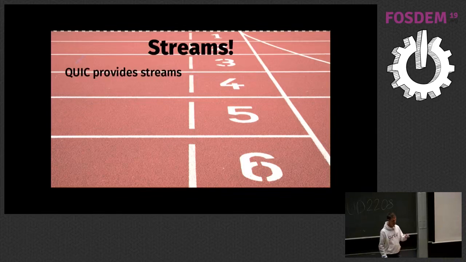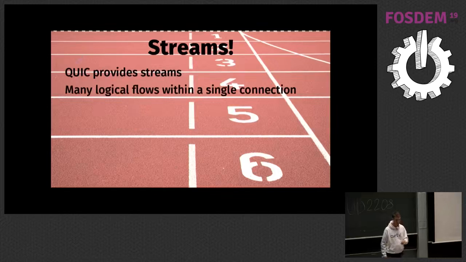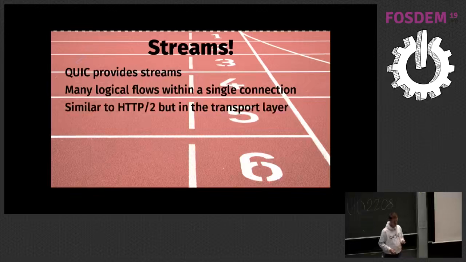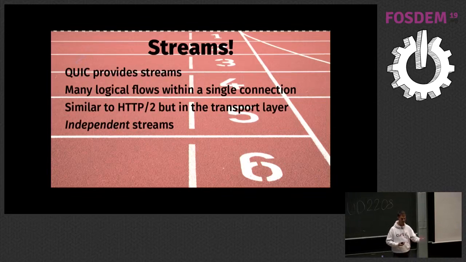So QUIC provides the streams in the transport protocol, which then is similar to HTTP2. You can do many parallel streams within one connection. And in the QUIC case, they are independent. So you can truly lose a packet on your connection, and only those streams that are affected by that particular packet will have to wait. The other streams, they can continue. You can lose one packet and 99 streams can continue until that lost packet is resent, and that stream can go on.